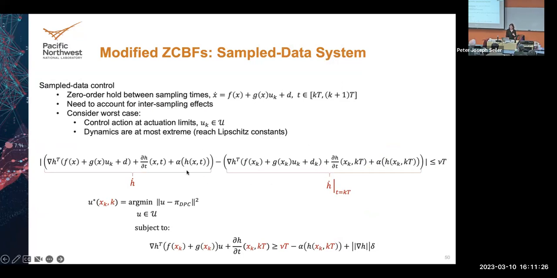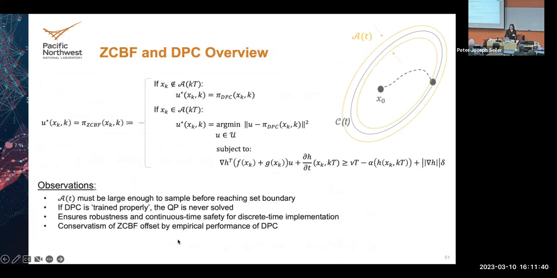Here we looked at the most extreme situation, where you actually reach your Lipschitz constant. With all of these modifications, this is how the control policy looks. For most of this, inside this safe set, we're using the traditional DPC policy. And then when the state reaches close to the boundary, we apply this constraint.